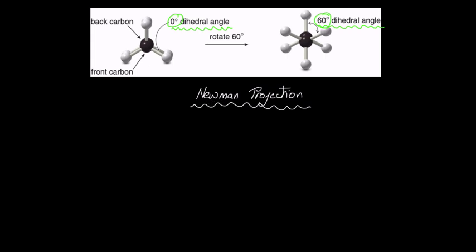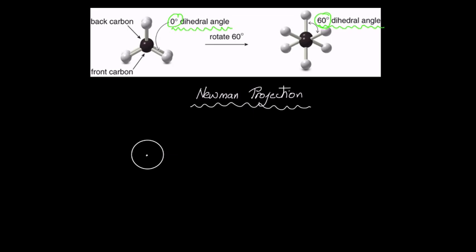Newman said that for a back carbon, we can just draw a circle. And for the front carbon, we can just designate it by a dot in the middle of the circle.